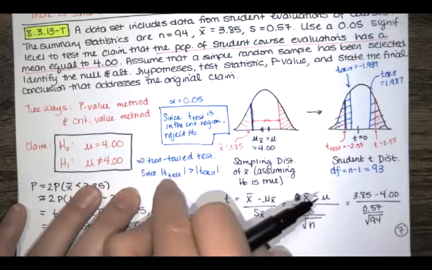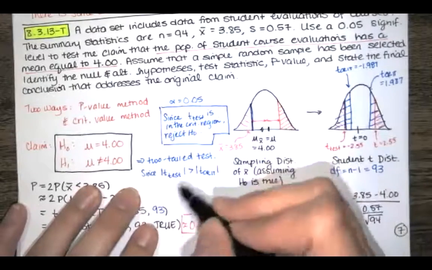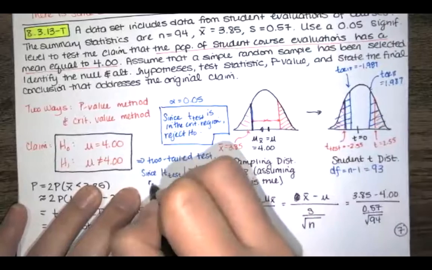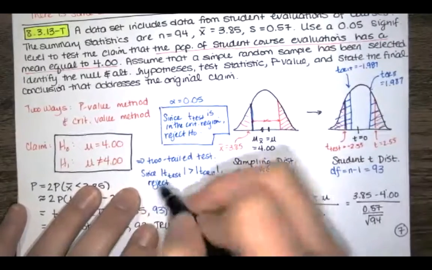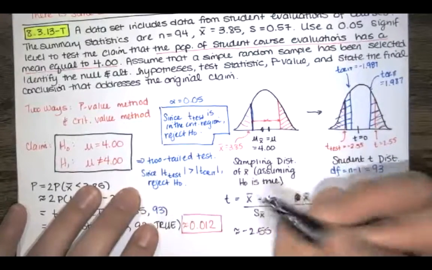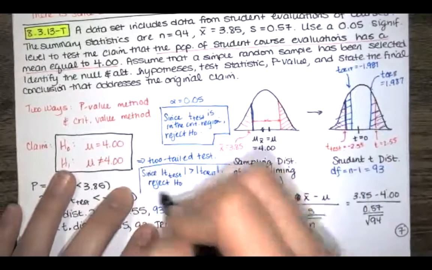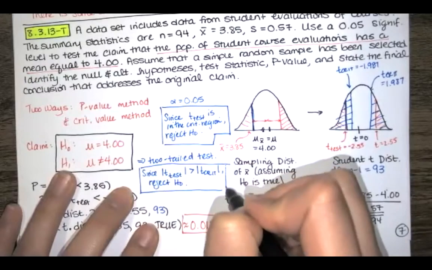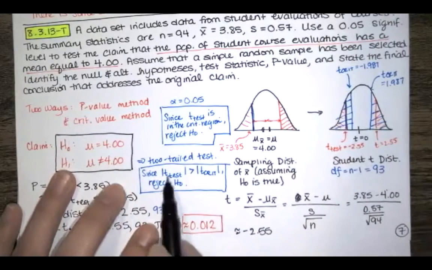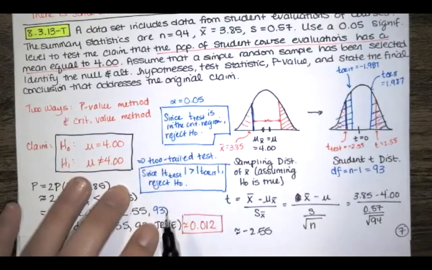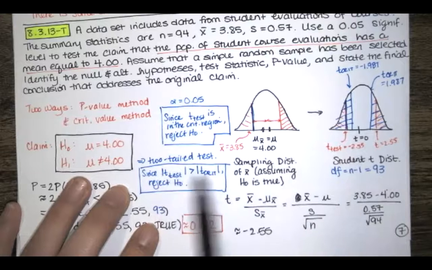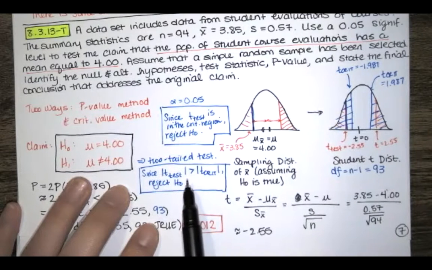And that means that the test statistic is in the critical region. So if this is true, we're going to say that the absolute value of the test statistic is significantly high, significantly different from t equals 0. So we're going to reject the null hypothesis. So you can compare the test statistic and the critical value like this, just using that inequality.